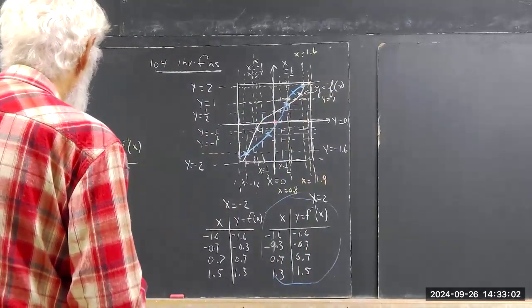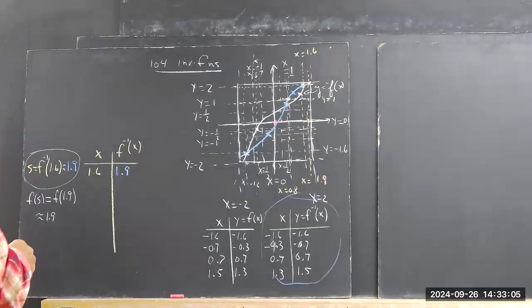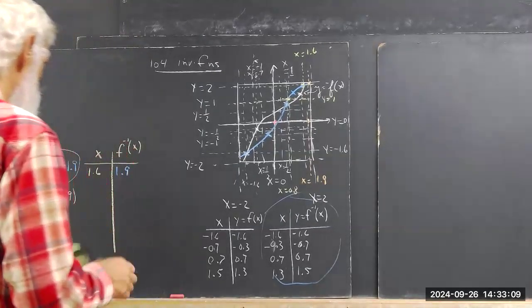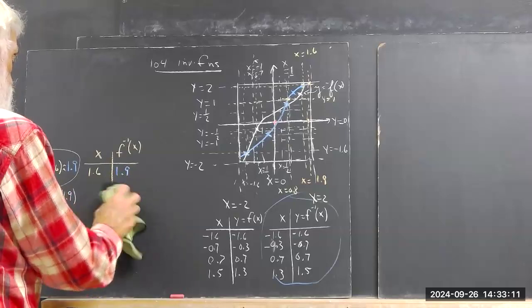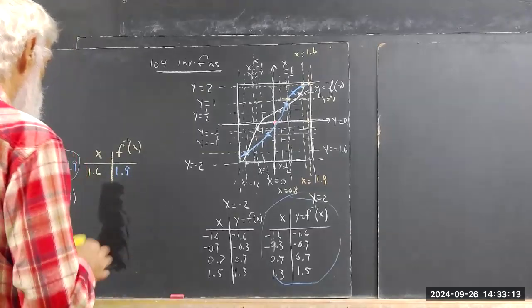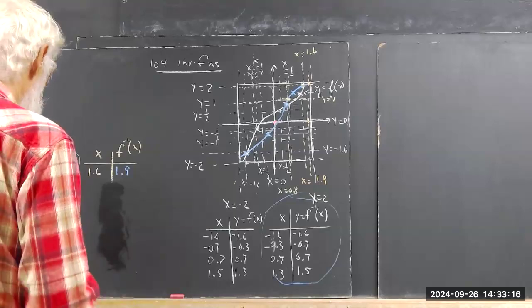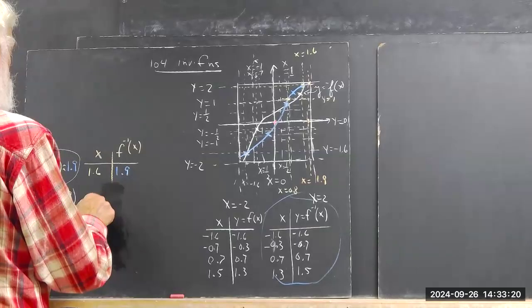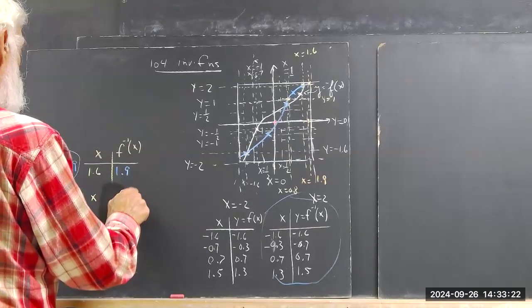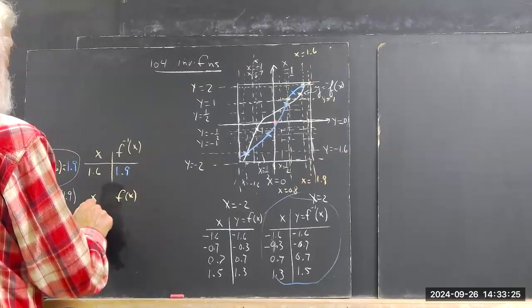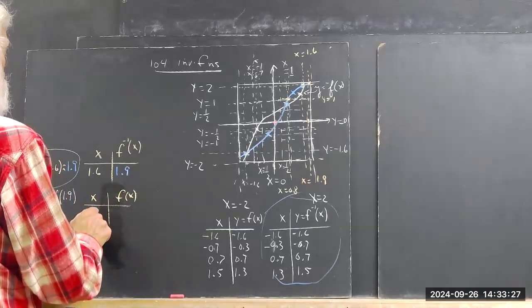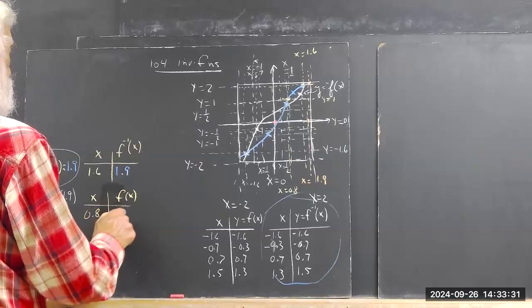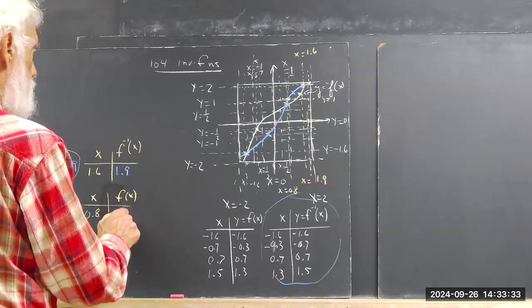We're going to say, okay, I'm going to make a table here because I anticipated that I would need to, but I wasn't anticipating correctly. So I'll get rid of that. This is a short table. Okay, so I'm going to do x equals 0.8, f of x appears to equal about 1.